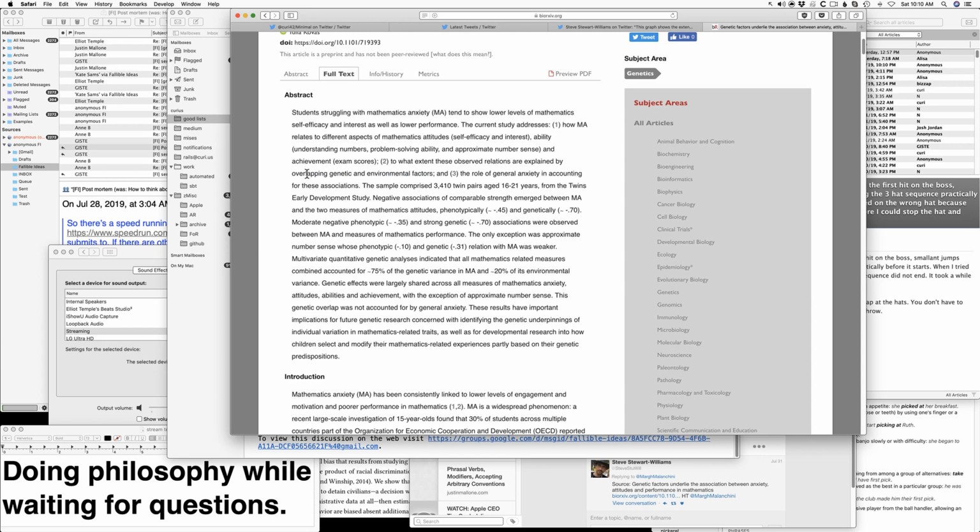This is weird because it makes it sound like how much is explained by some mix of genes and environment, which is kind of everything. I think what they mean is they're going to separately tell us how much is genetic and how much is environmental, rather than giving one amount for both. I think they're giving individual amounts because that's what the graph did. It separated them out. So it seems poorly worded.